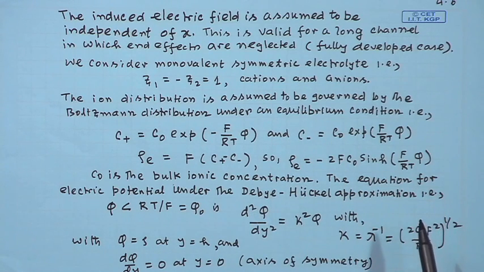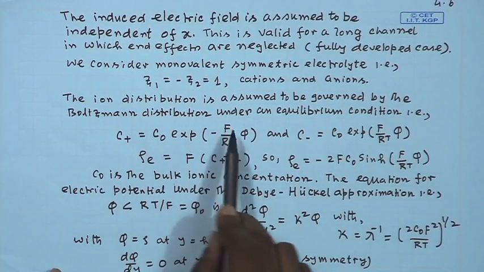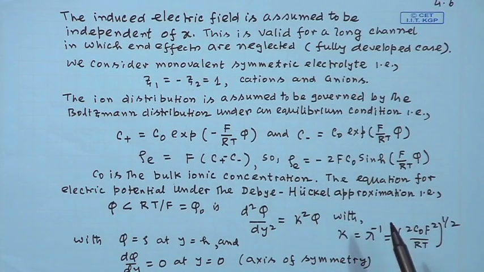The ion distribution is assumed to be governed by the Boltzmann distribution under an equilibrium condition, such that there is no normal flux and the distribution of ions is independent of the fluid convection.